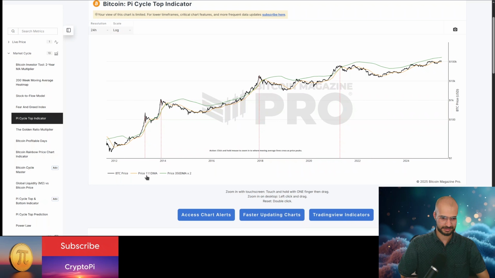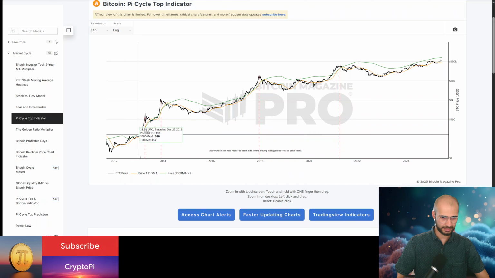One of them is 111-day moving average, and the other one is 350-day moving average, but it is multiplied by a factor of 2. So whenever the orange, which is 111-day moving average, crosses over the green one, that is the slow moving average multiplied by 2, it indicates the Bitcoin top for that cycle.